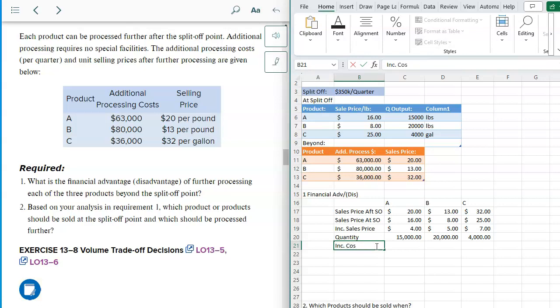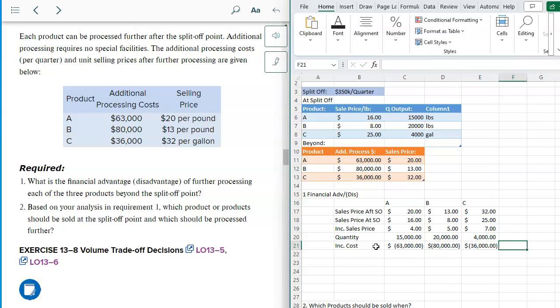Just cost. And on product A, that was 63,000. Product B, we came in at 80,000. And then product C was a $36,000 cost on there.